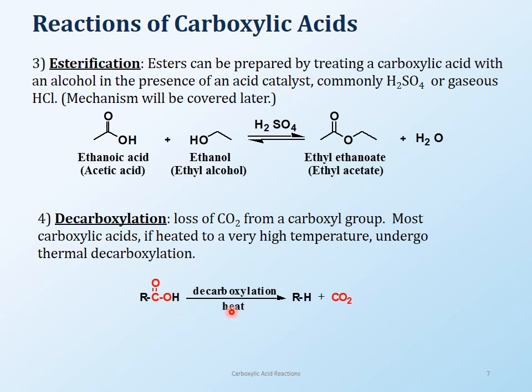So when you talk about heat and decarboxylation, it's really high heat that you have to mention. But anyhow, so you can decarboxylate. Now you have to remember again that if you're trying to make an alkane, you start with 1 carbon higher. So if you have 5 carbons that you're starting with in your acid, you'll be left with 4 because one of the carbons is gone as carbon dioxide. This is kind of like the reverse of the Grignard reaction, if you can think of it that way.